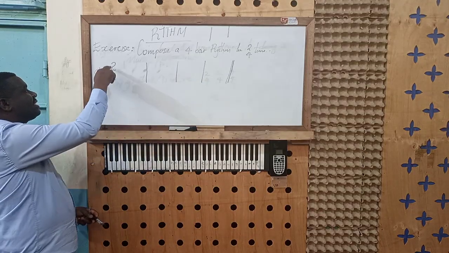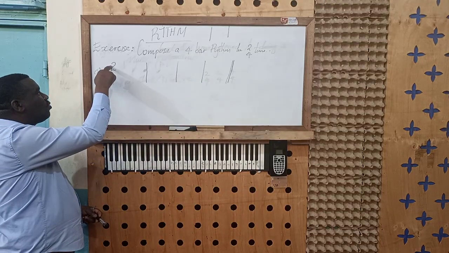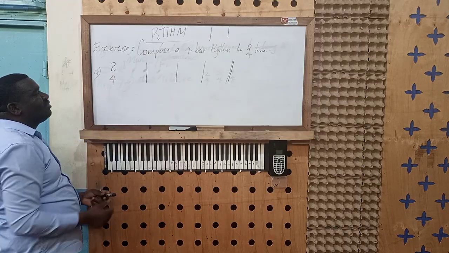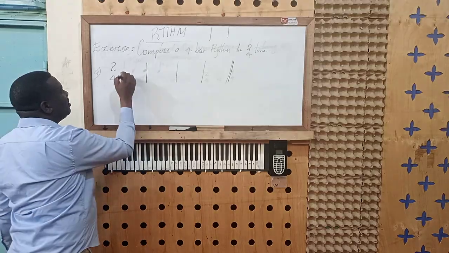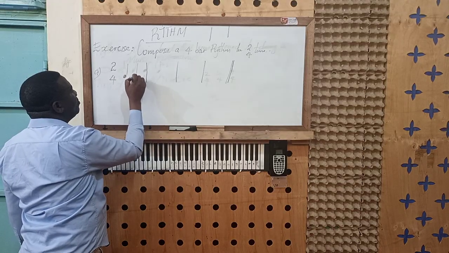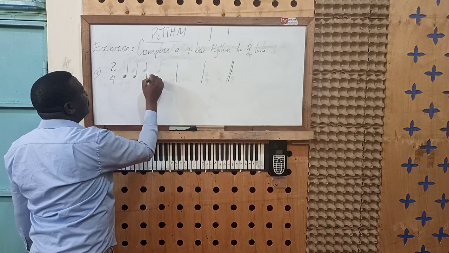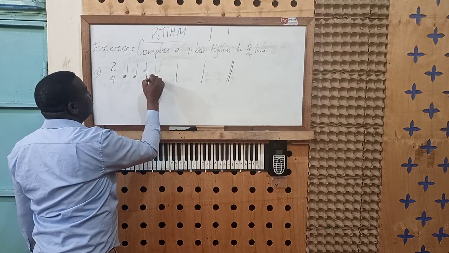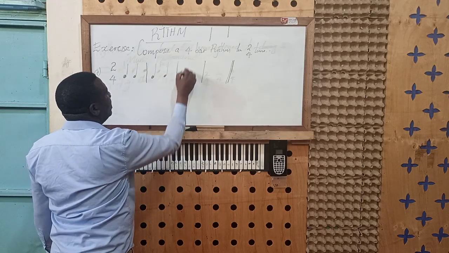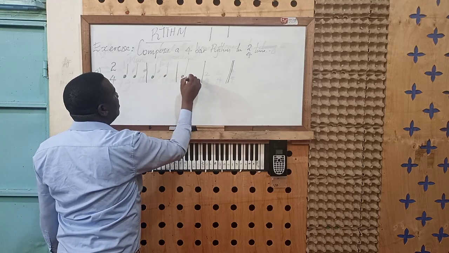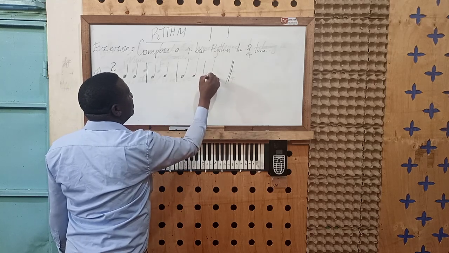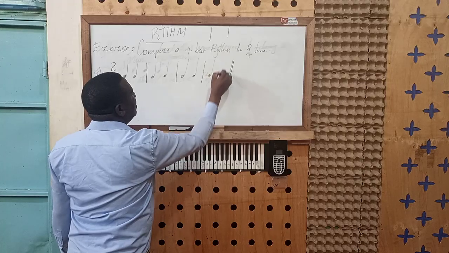The time signature says 2 crotchet beats in a bar. So I just put 1, 2, 1, 2, 1, 2, 1, and 2.